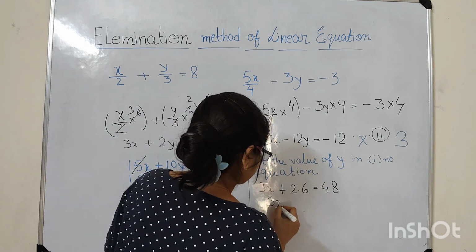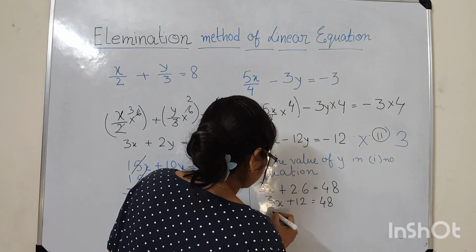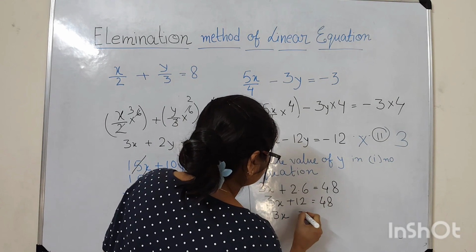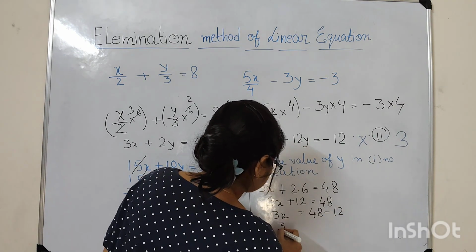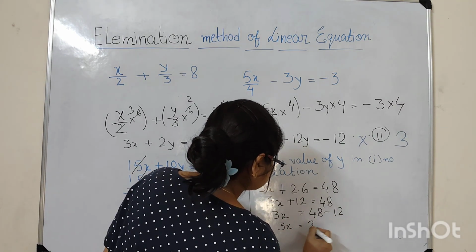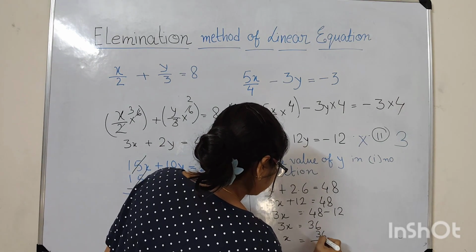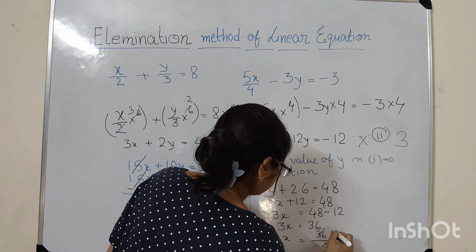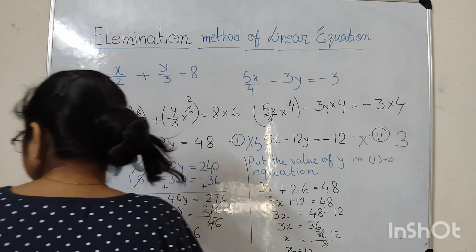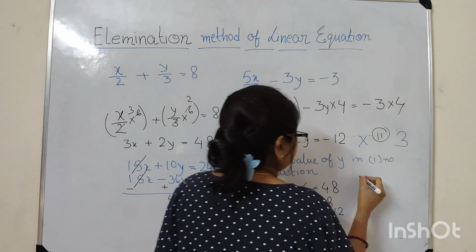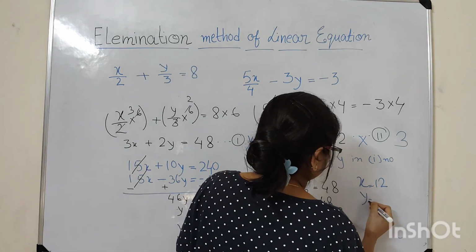Then 3x plus 12 equal to 48. 3x is equal to 48 minus 12. 3x is equal to 36. x is equal to 36 by 3, which is 12. x is equal to 12. Then what's our answer? x is equal to 12 and y is equal to 6.